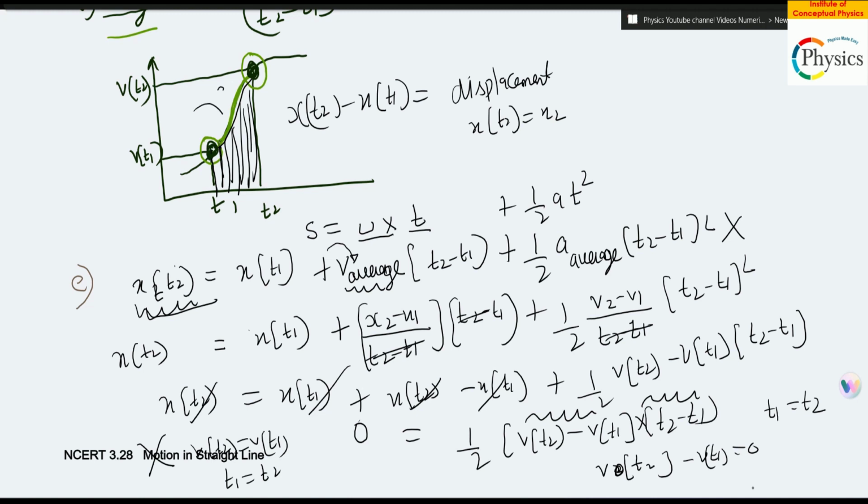The acceleration is a variable. So you should have used integral calculus. x t2 minus x t1, which is the net displacement, is equal to the integral of V dt. This is the way you should have calculated it. Not this way.